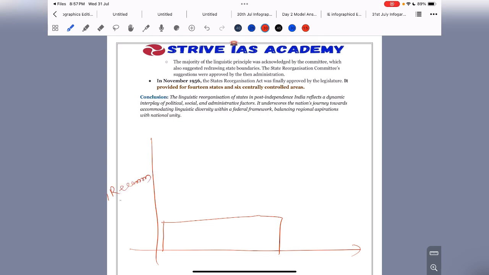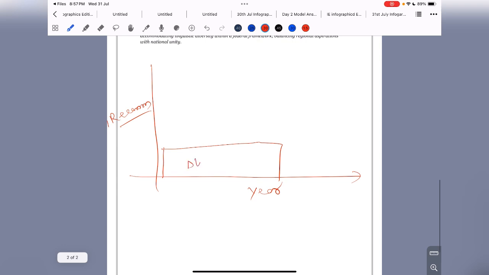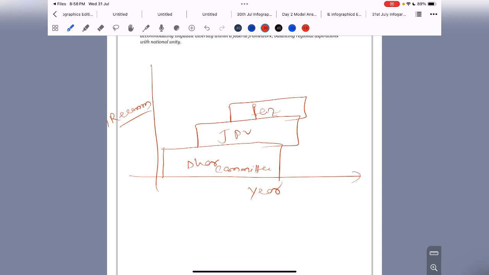Here, Dhar Committee, then JVP Committee, then Fazal Ali, then States Reorganization Act.